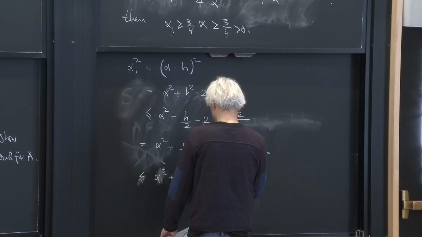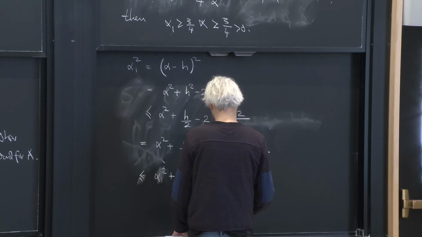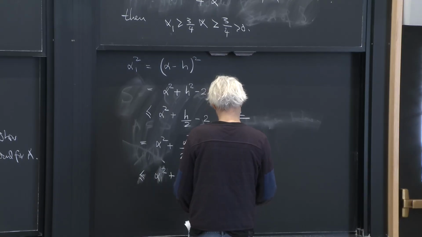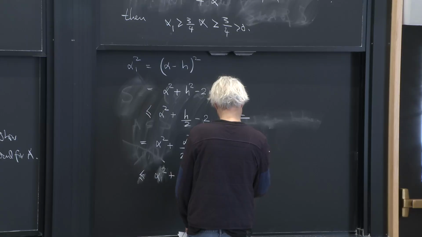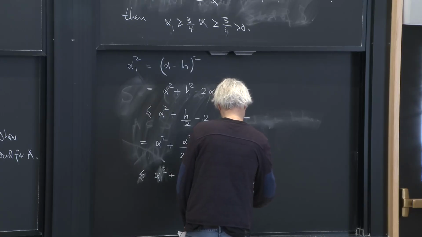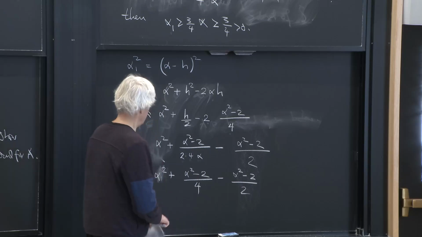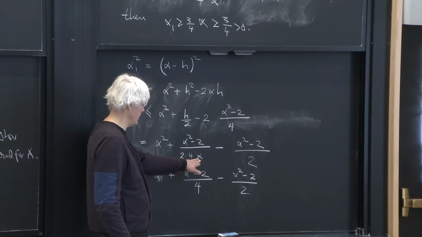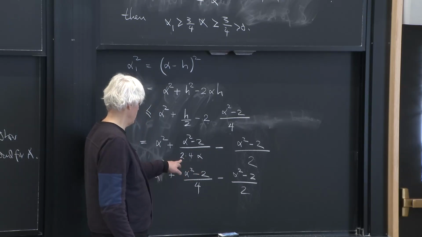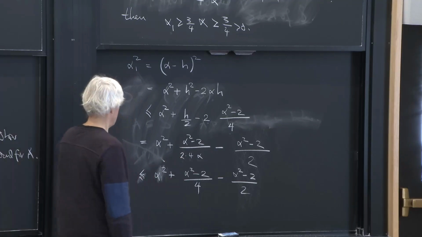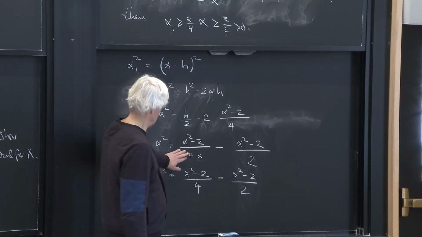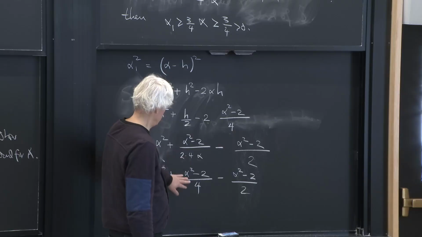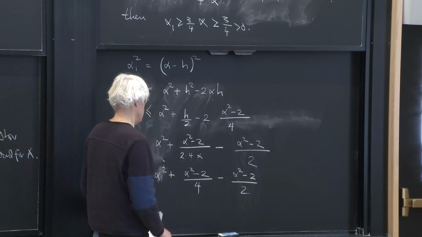And this thing here is alpha squared minus 2 over 2, right? Here again, I'm just using that alpha was bigger or equal to 1. And then I just ignore this 2, so this is definitely an upper bound, right?